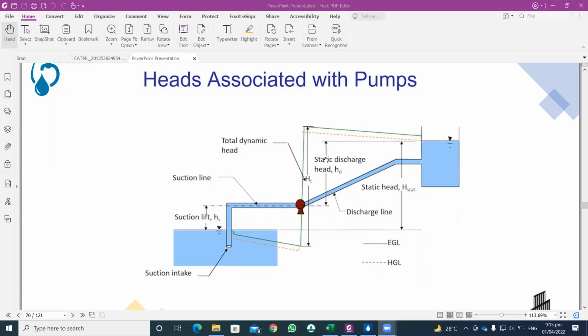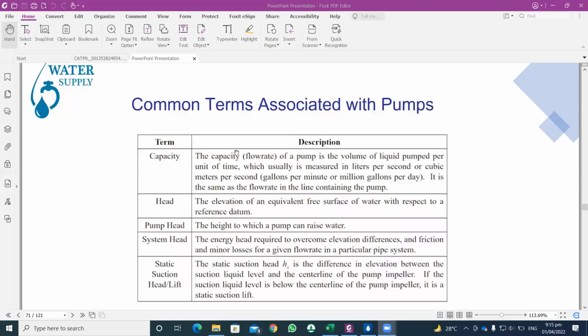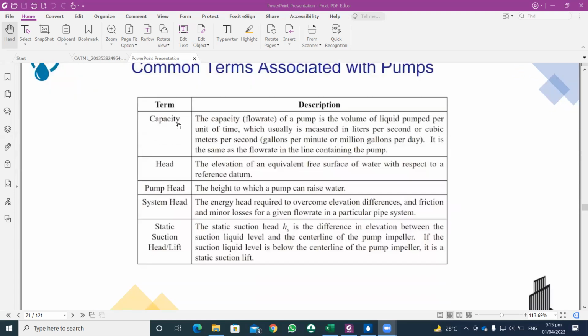The sum of all these heads is the total dynamic head. So each terminology is explained one by one.